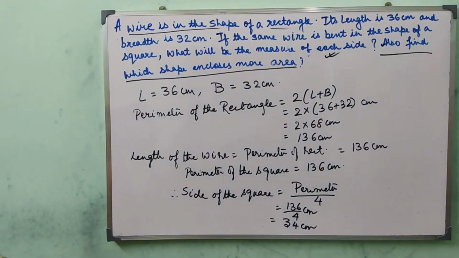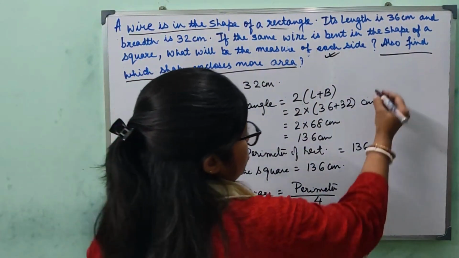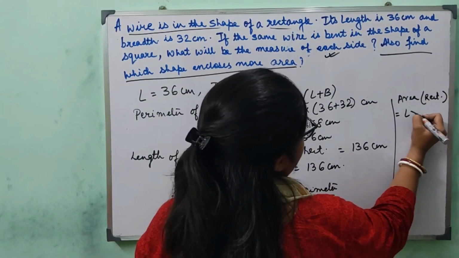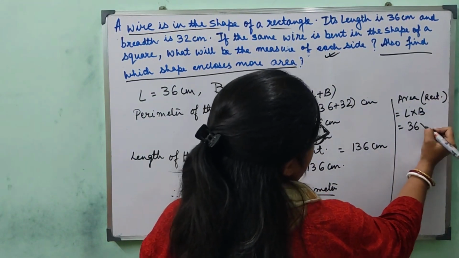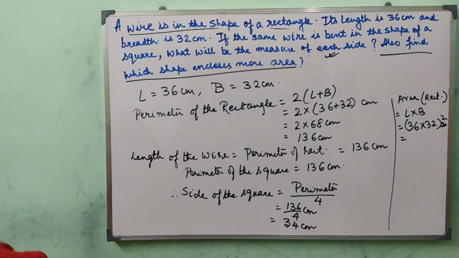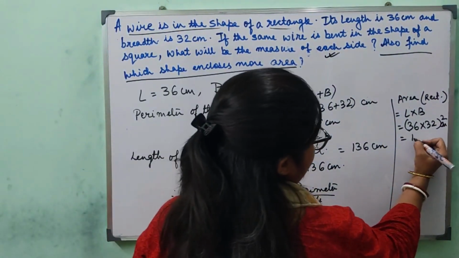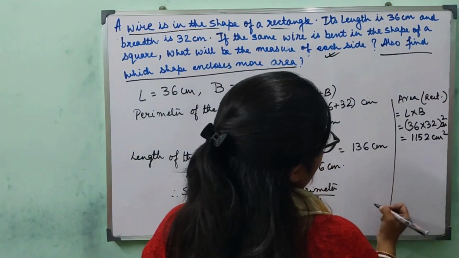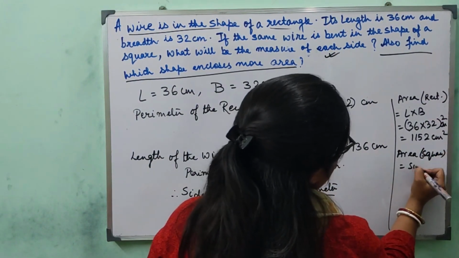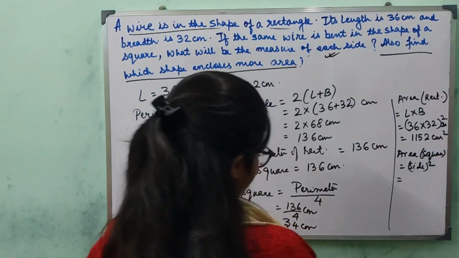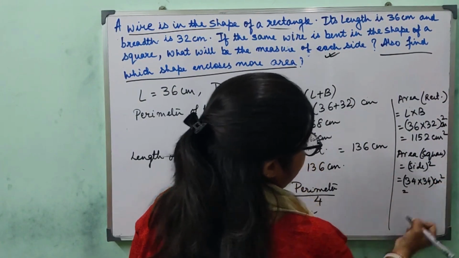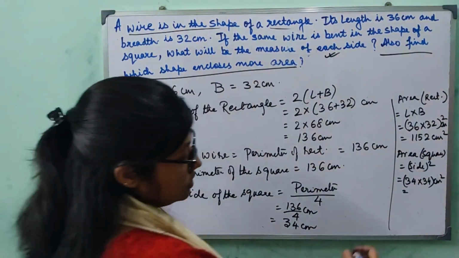Now also find which shape encloses more area. In order to find this, we have to find the areas of both the figures. So the area of the rectangle will be length into breadth, that is 36 into 32 centimeter square, which is equal to 1152 centimeter square, whereas the area of the square, formula is side square, which is equal to, I have got 34 here, so 34 into 34 centimeter square, which is equal to 1156 centimeter square.